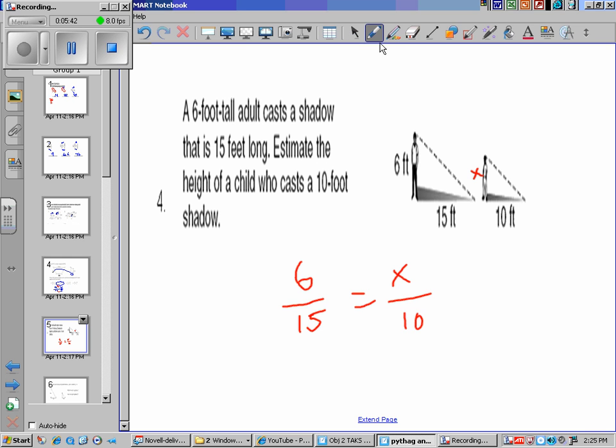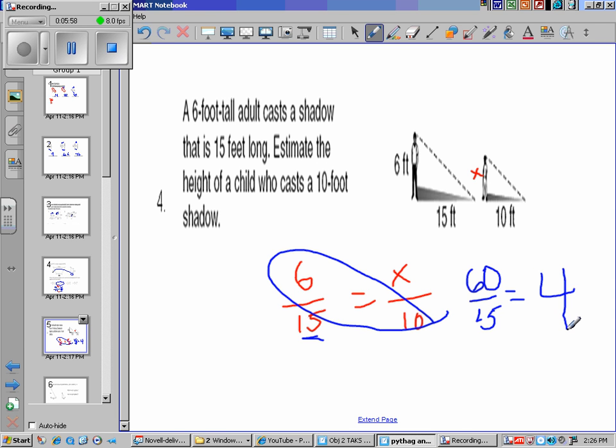For me, it's easier to cross multiply right here, and I would get 60, and I would divide that by 15. 60 divided by 15 is 4. That would be the shadow. Or, I'm sorry, the height of the child. The height of the child right here.